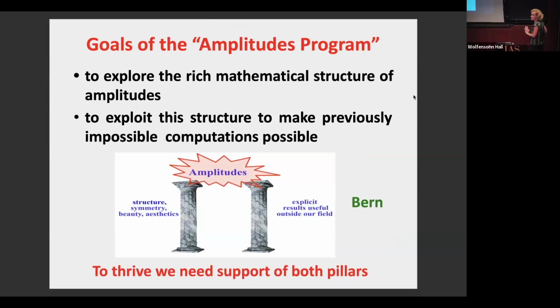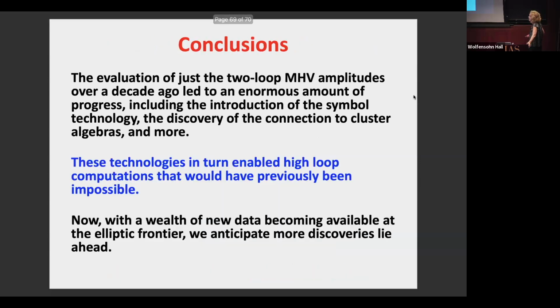But there's a second pillar that we should not forget, that we want to use those structures to make explicit results useful, and preferably outside our field. So if there's a beautiful cluster algebra or some other structure, you want to be able to use that to go higher in N, K, or L. So to thrive, one really needs support of both pillars. That's why I want to conclude with that slide.